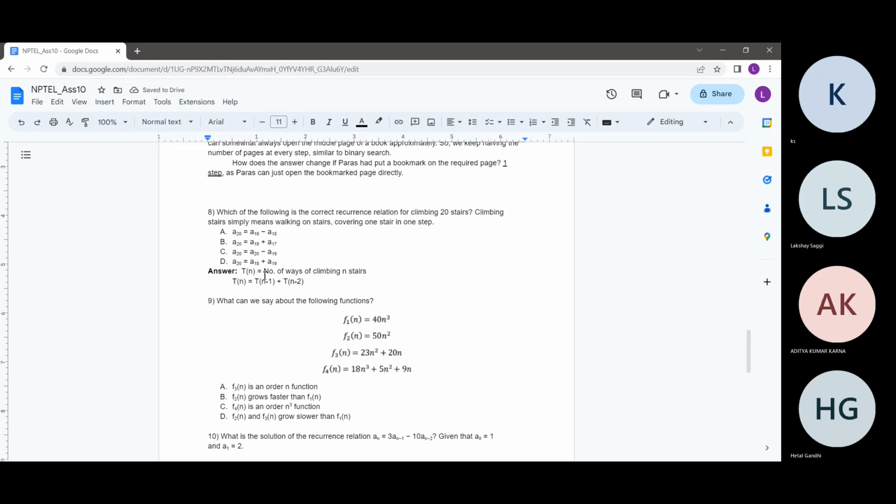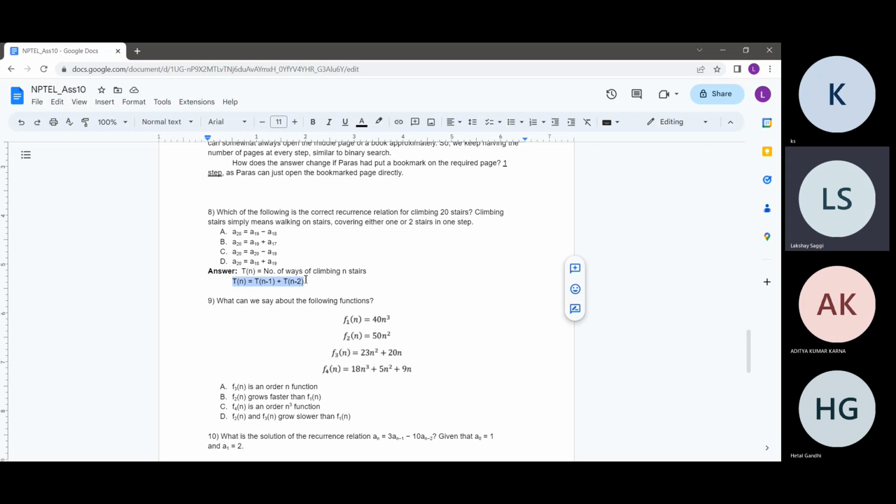I hope you guys remember this from lecture. Climbing stairs simply means walking on stairs, covering either one stair or two stairs at one time, right? So in one step, I can cover one stair, or I can cover two stairs. In that case, the recurrence relation for climbing n stairs becomes T of n minus 1 plus T of n minus 2.